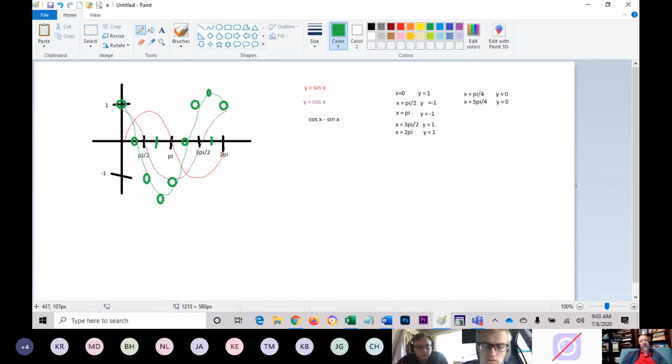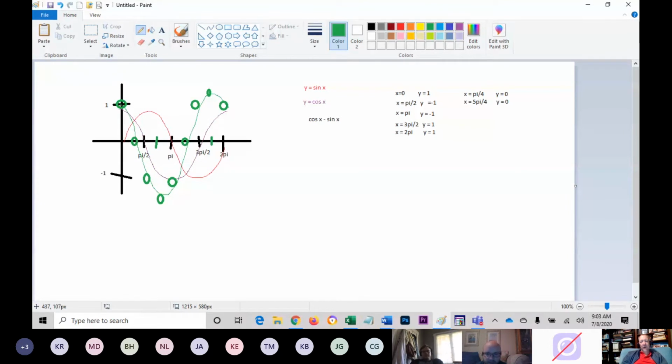And so there you have it. That's the green graph. Does that make sense? Yeah, it does. Thank you. Okay. I have a question. How do you get the y for some of those? Like you're saying that at pi halves, the cosine's at 0, and then the sine is at 1.